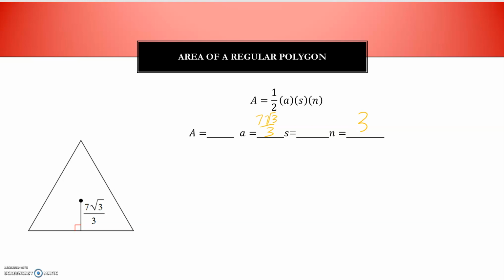So, what I would suggest doing, you have the apothem. Take your apothem and part of the base here, and we're going to make a triangle. So you're going to need a radius.